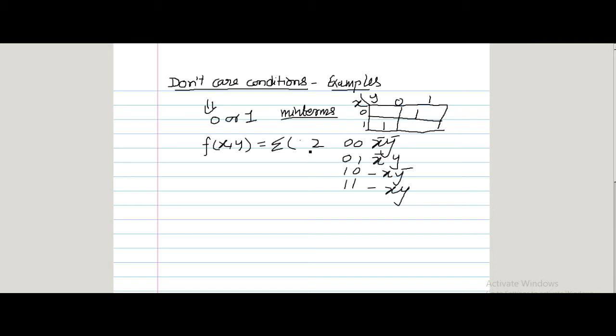So this is the equation for which we have this representation of the Karnaugh map. For this Karnaugh map I can write this equation, and to represent this equation I can use this K map. This is the simple Karnaugh map given to you, and in questions they ask you to simplify this equation.